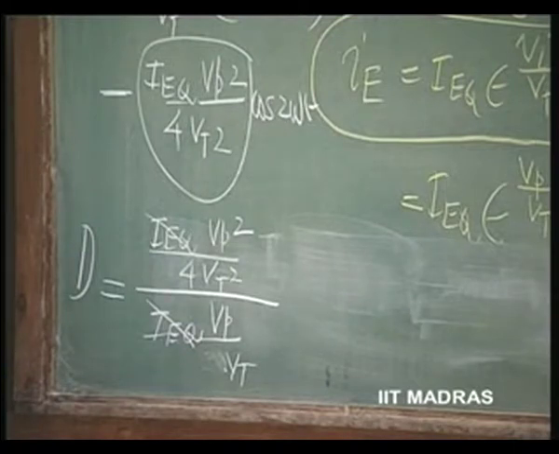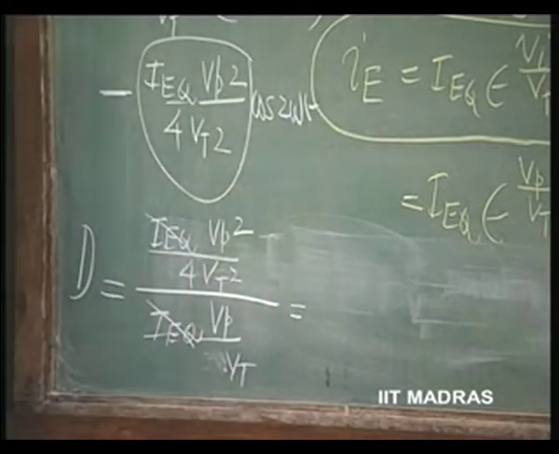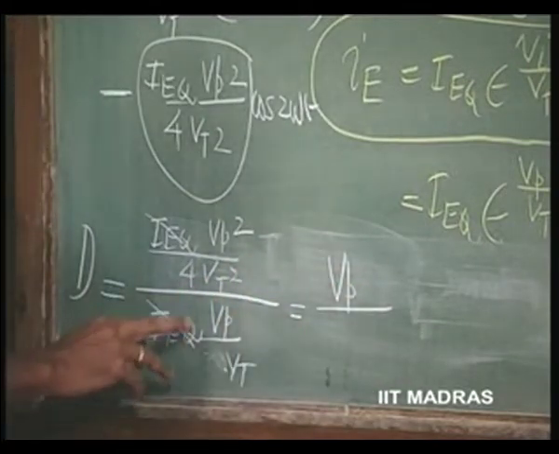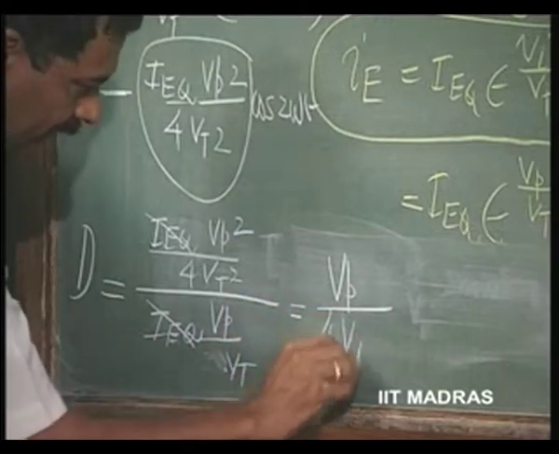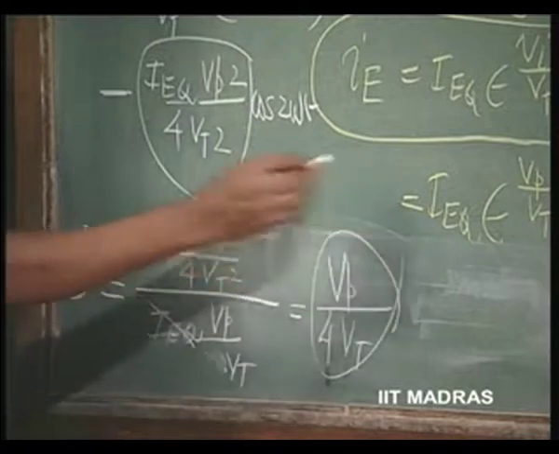The operating point. So, we see here IEQ getting cancelled and it is equal to Vp divided by 4 Vt. It's an important thing.